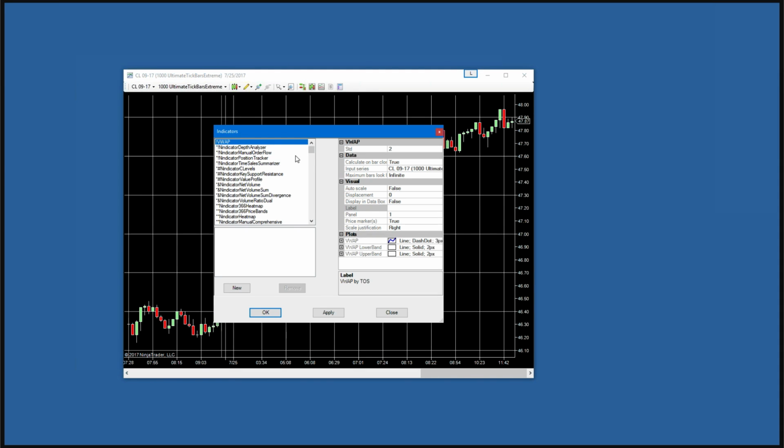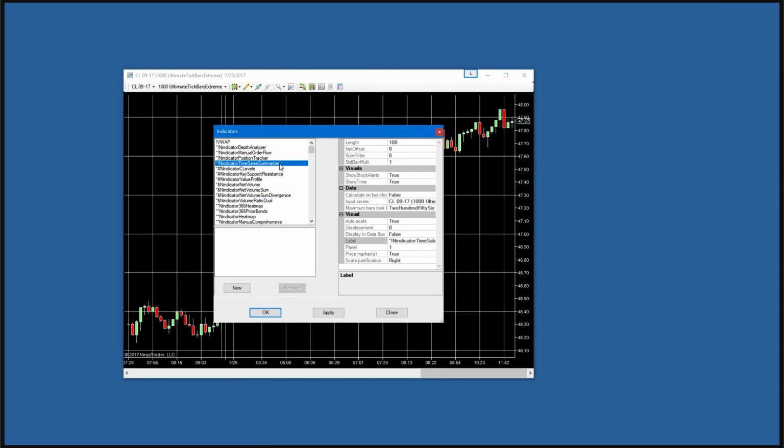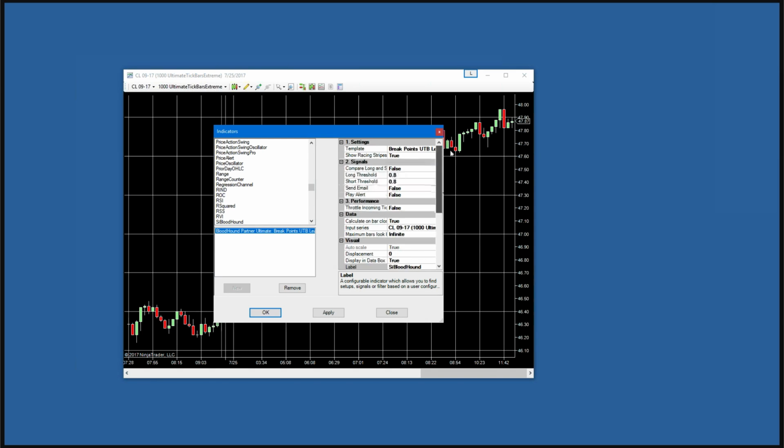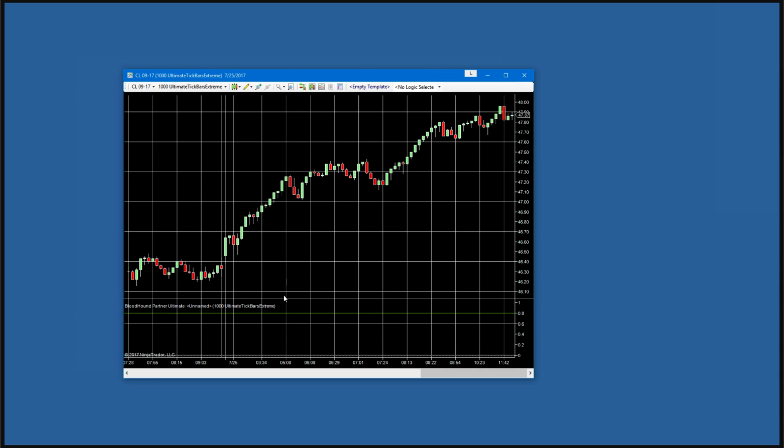I'm just going to put Bloodhound on the chart, and then create a new template. I think it's defaulting to this, so I'll clear that out. Say new. Are you sure you want to clear the data? Yes. Okay, so we've got Bloodhound loaded on the chart, empty template.